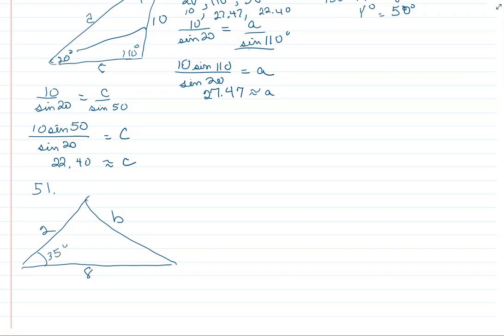This is cosine, because I don't have two angles, and I don't have two sides. Oh, yeah, we do. Okay.